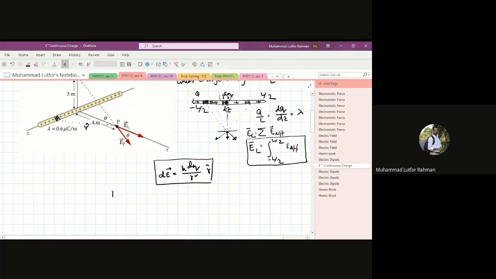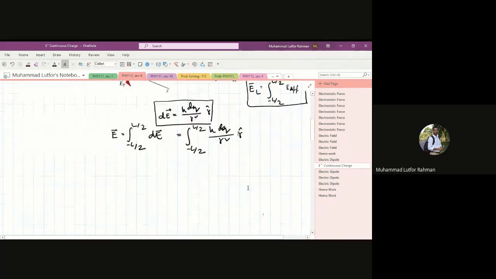For the total electric field, what I have to do is integrate from minus L by 2 to plus L by 2 of dE. Then I put in the value of dE: the integral from minus L by 2 to plus L by 2 of k dq over r square into r hat.